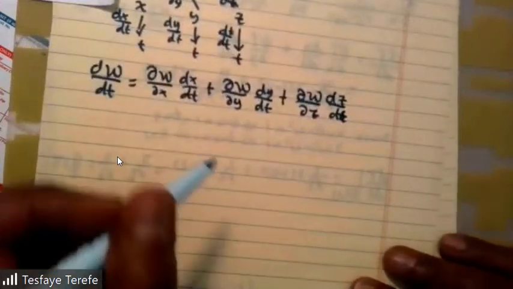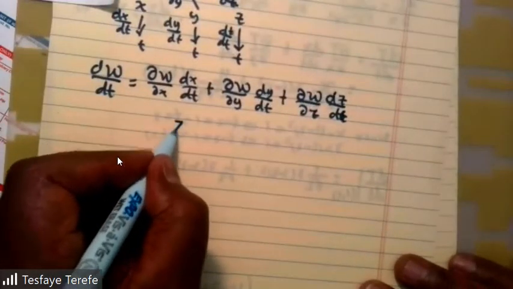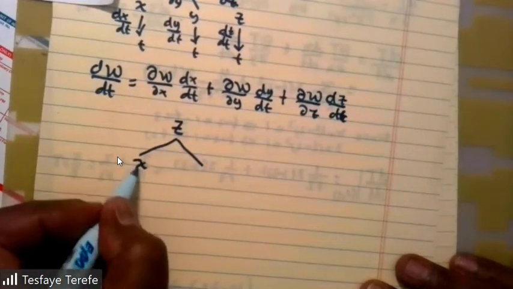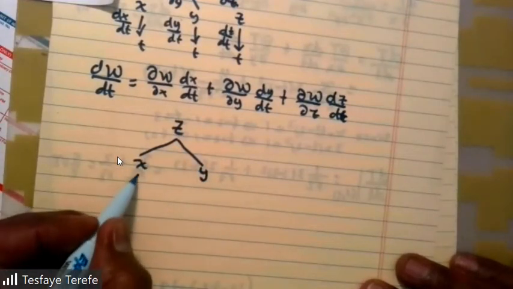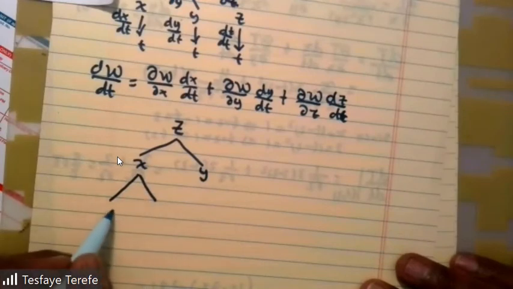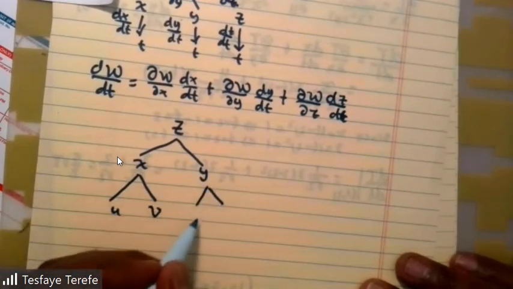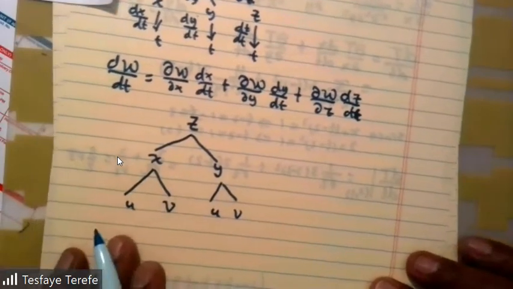The reason why is, as I showed you, z is a function of 2 variables, x and y. X is a function of 2 variables in turn, u and v. Y likewise. Then what happens?